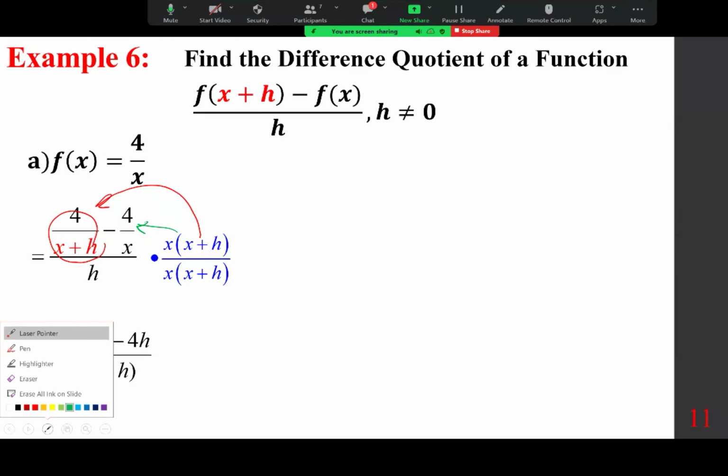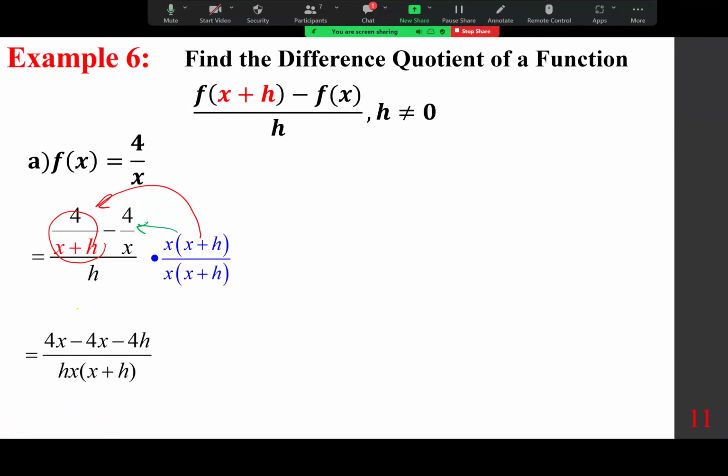I can write that for you if you want. So the product of the second part is minus of 4 times x plus h, which gives you what you see here. And these two cancel each other. So we end up with negative 4h in the numerator.